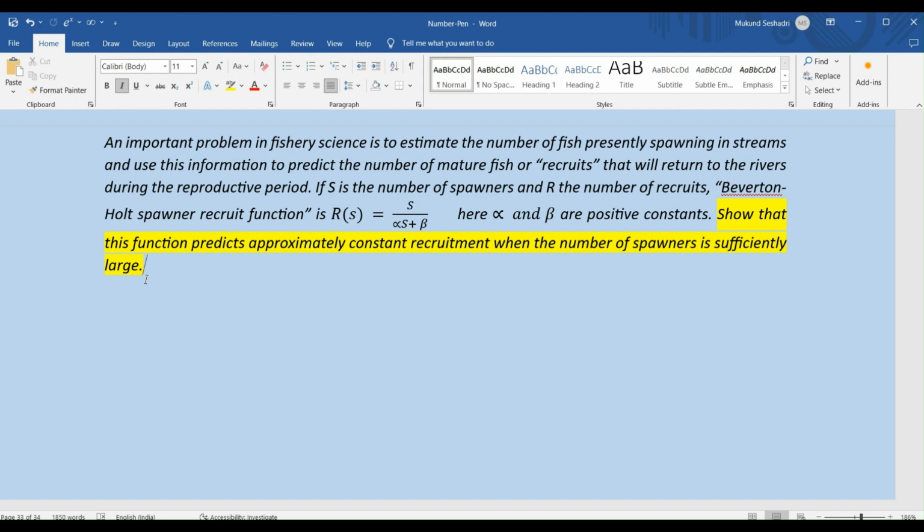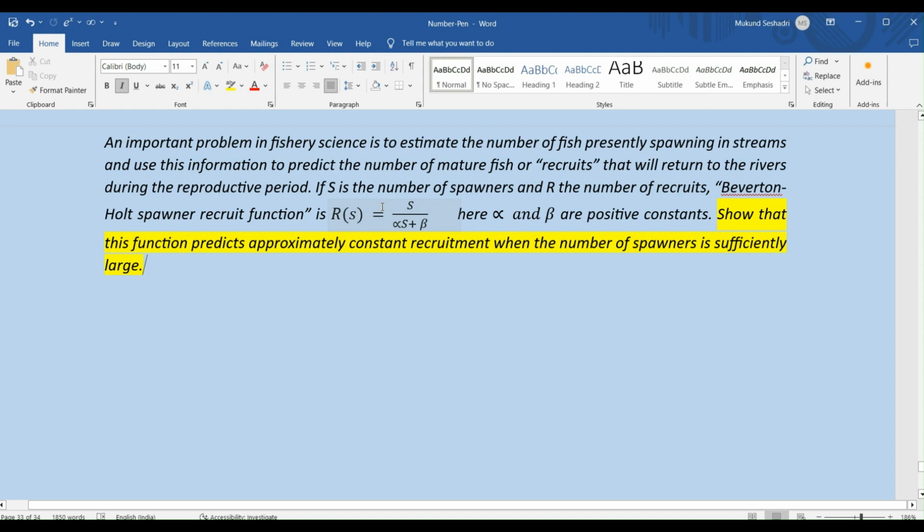And we've been asked to show the function, which is R of S, which is nothing but the number of recruits that returns to the rivers, becomes a constant, or it's approximately constant. So indirectly, what we'll have to figure out is what is the limit of this function R of S when S tends to infinity, and we are done with that, right?